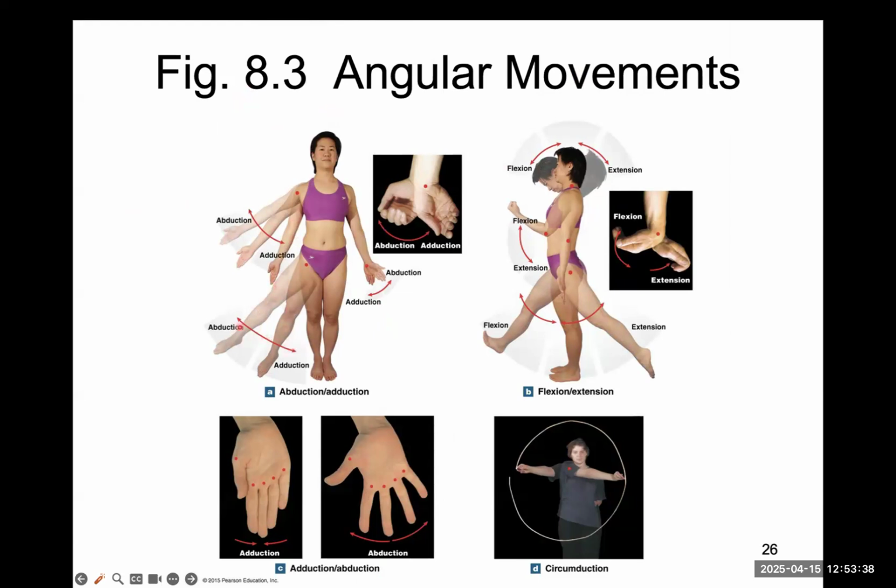This is also showing abduction and adduction of the legs. So these movements you can not only do with your arm, you can also do them with your legs, your hands, even with your fingers. So when you bring your fingers towards the midline, that's abduction. And then if you take them away from the midline, that's adduction.